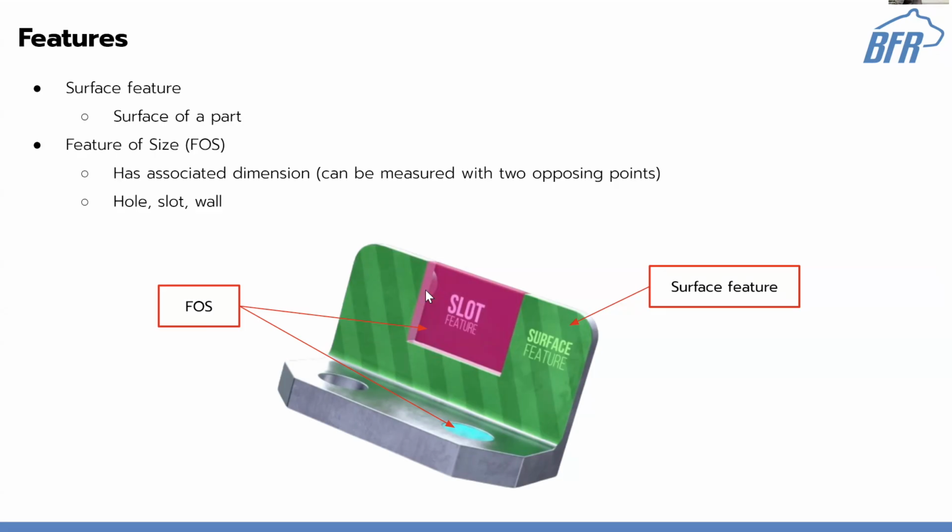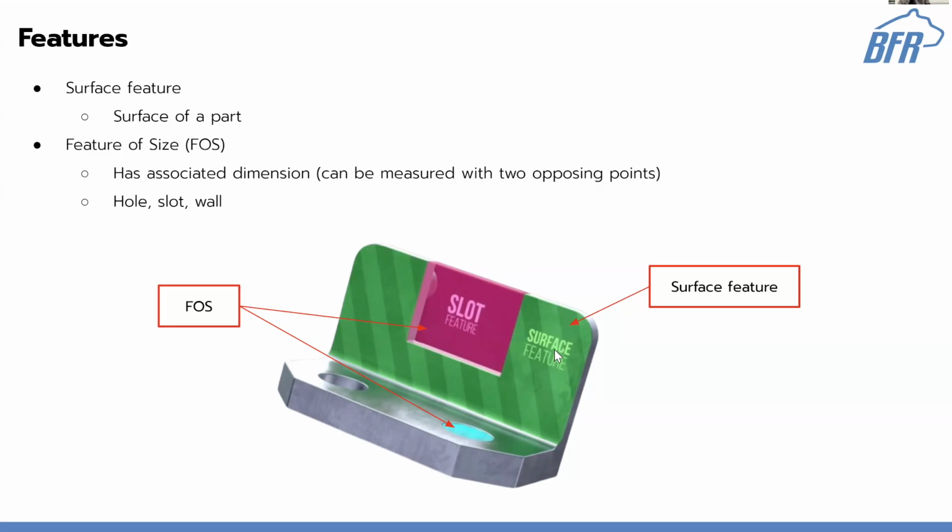So this is where features of size come in. There are two examples here: a slot as well as a hole. Anything that can have an associated dimension, like a linear dimension, that can be measured with two opposing points. That's the main thing. That's why area wouldn't fit. So a hole, a slot, or a wall.